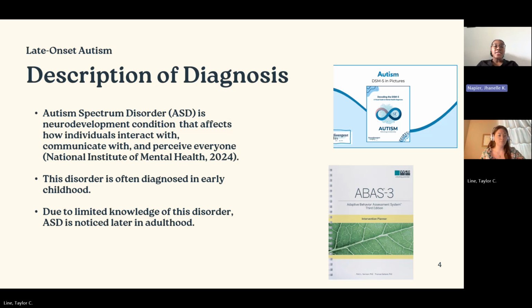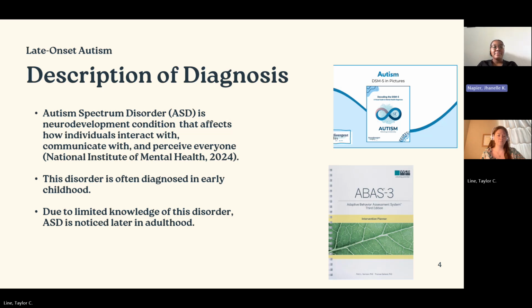But as we're seeing here in this project that we're diving into, we're mainly focusing on how it is noticed later in adulthood, slash diagnosed later in adulthood, slash late onset. And then here we just have a few images that show different criteria that can be used to diagnose this disorder.